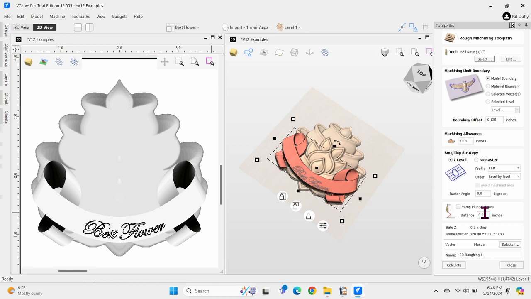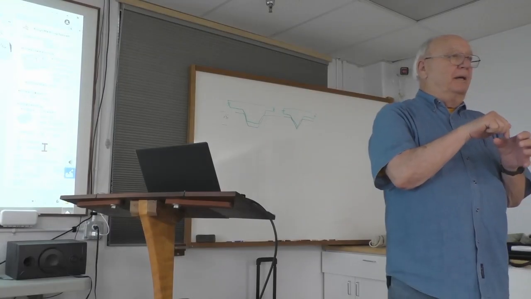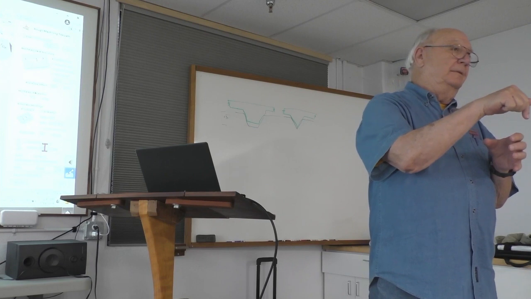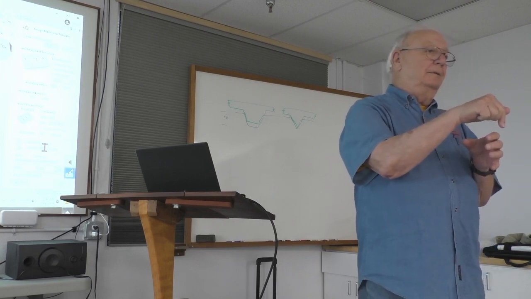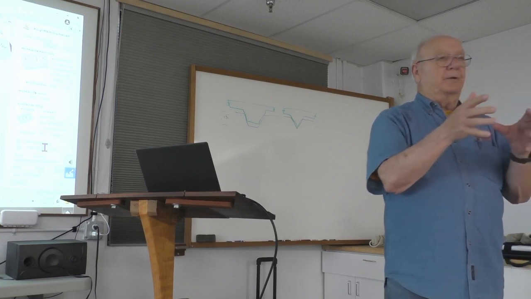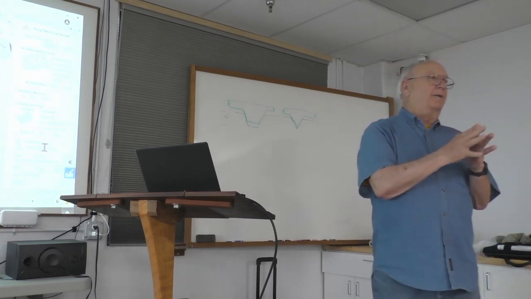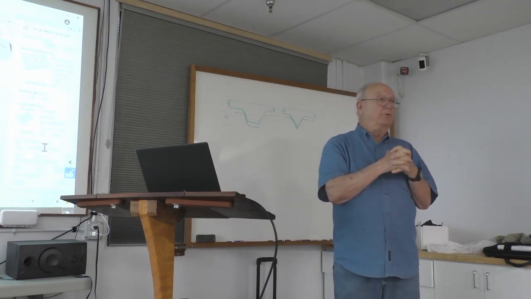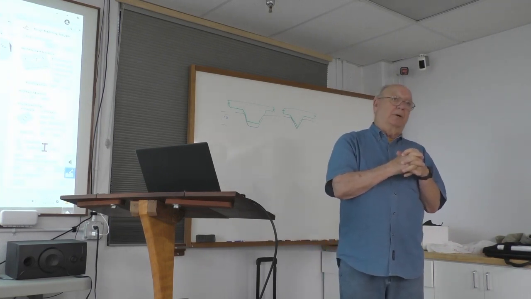I generally wouldn't put ramp moves in here because every time you have a fast move from point A to point B, it becomes a ramp move. Well, that, if I can repeat it, costs you 4 or 5 seconds apiece. If you have a couple of 100 fast moves, that's some time.